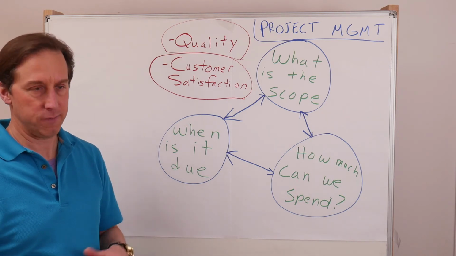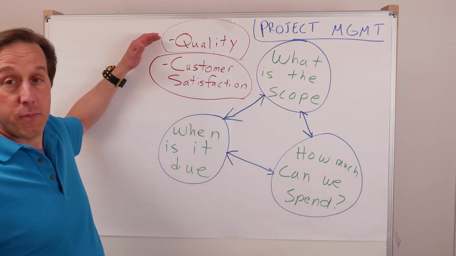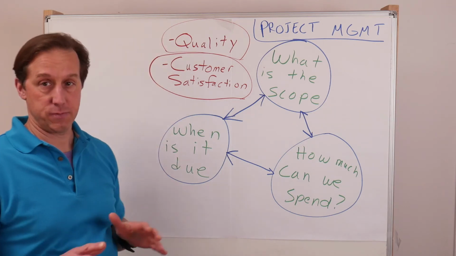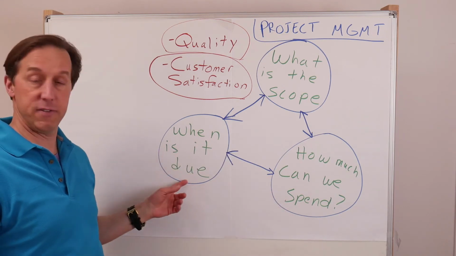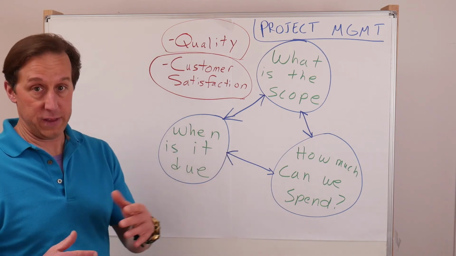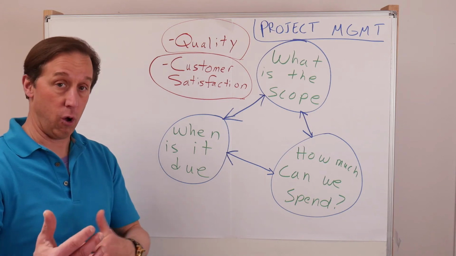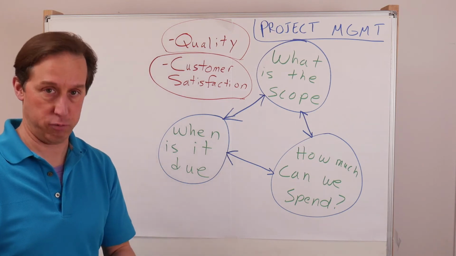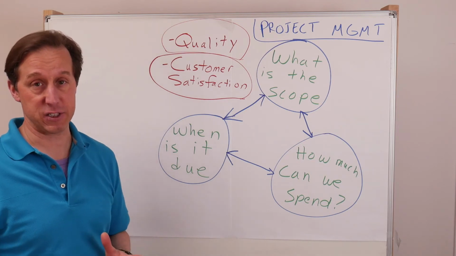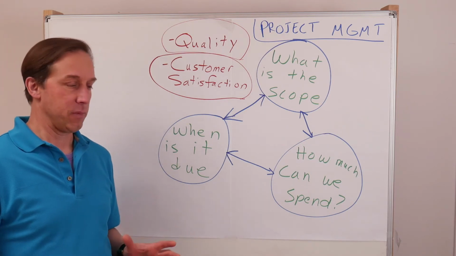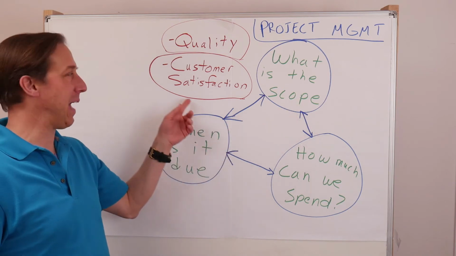And just as a bonus, a lot of times you might hear different legs of the project management triangle: quality and customer satisfaction. So for instance, let's say the scope and the costs and the time frame are fixed. Well, now there could be trade-offs on how much quality is put into the product. Or maybe there are other aspects about customer satisfaction. Maybe it's not adding a feature, but how it's delivered.